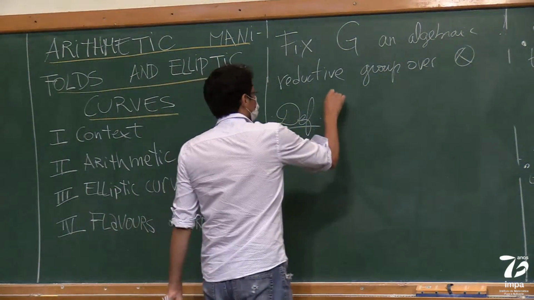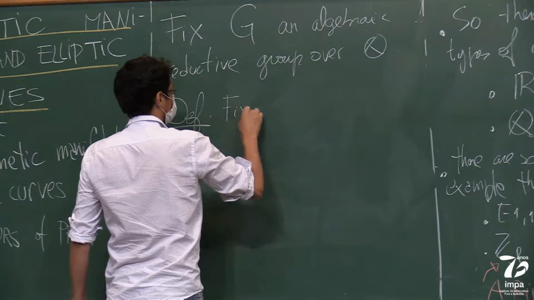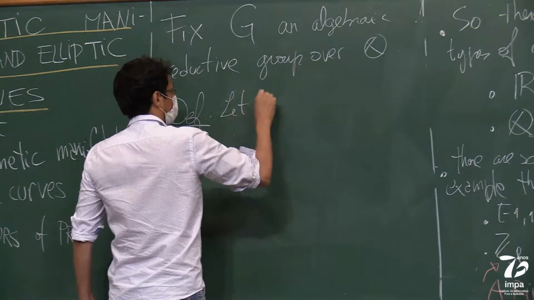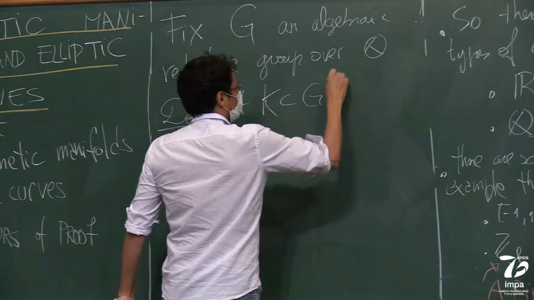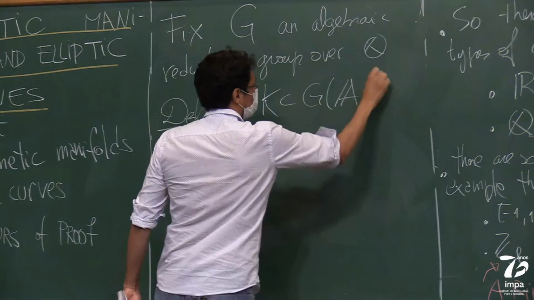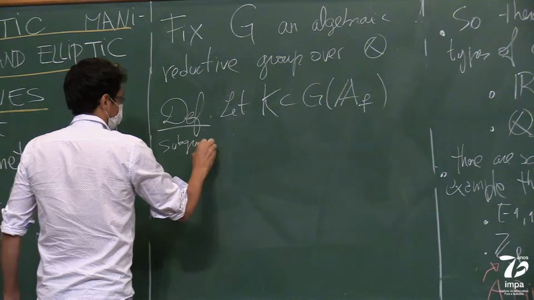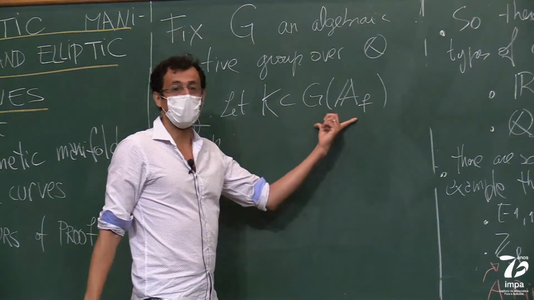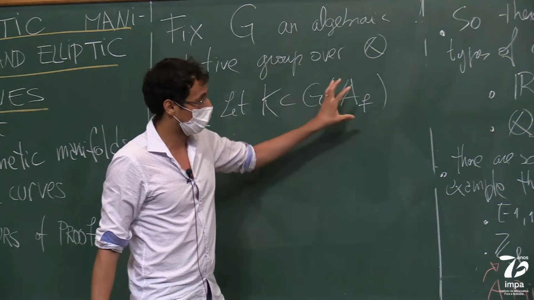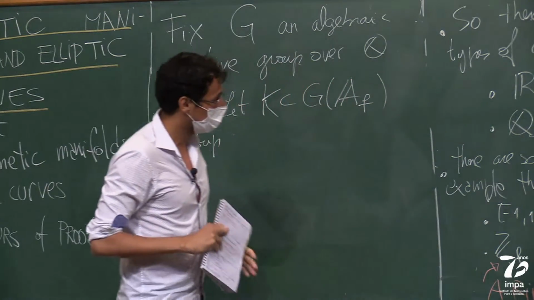So fix K, this will be a subgroup of G of the points of G in this ring that we already introduced.